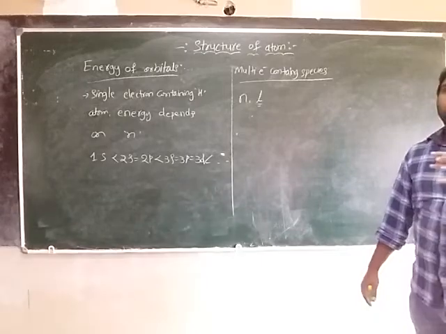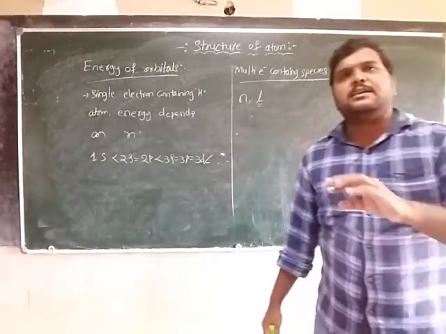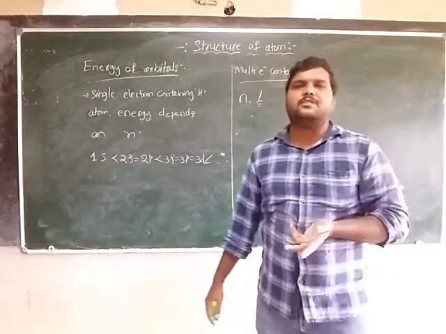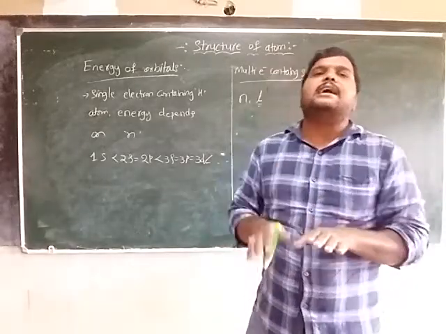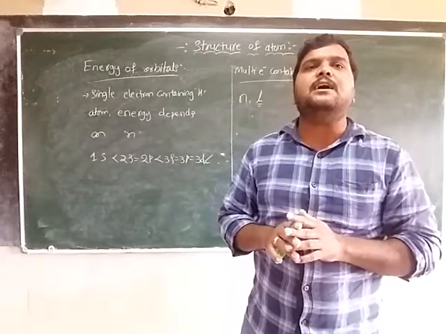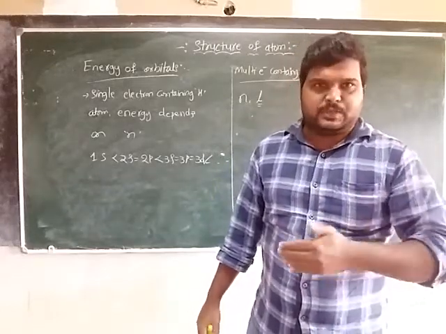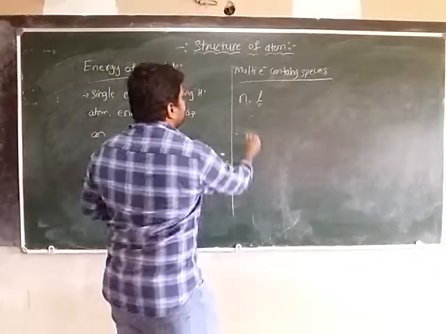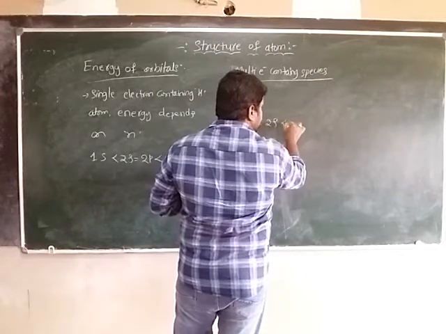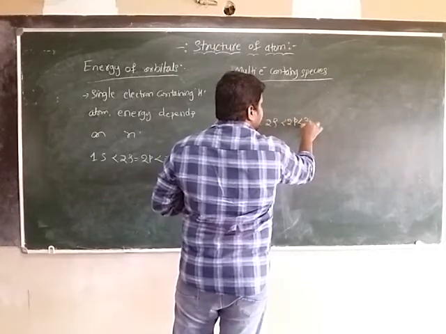We know very well that because of the multiple electrons, there are electronic repulsions present between them. Because of that reason, there is a slight difference in the energy of the orbitals, or the energy of the subshells, we can say. For example, 1s is less than 2s, less than 2p, less than 3s.